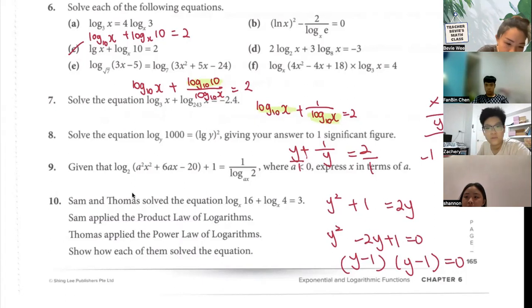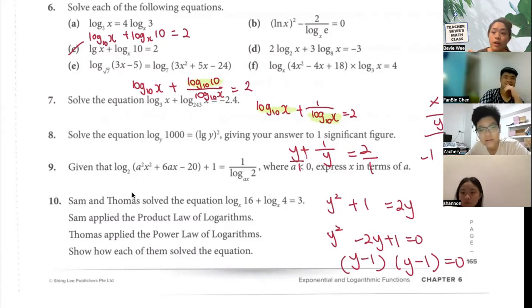So this entire thing just gives me 1 whole. So this is log 7, 3x minus 5 divided by half, in other words, means what? Times 2. Correct?